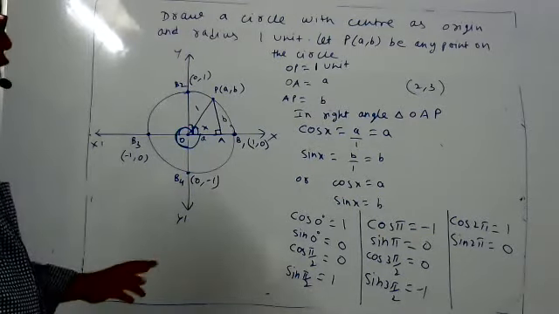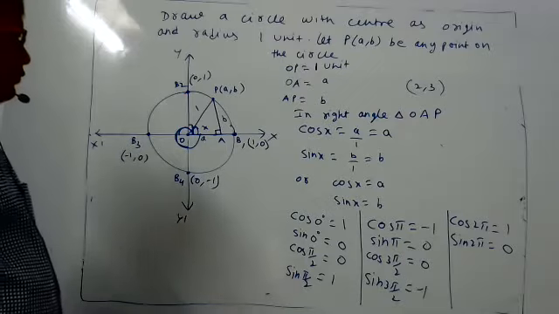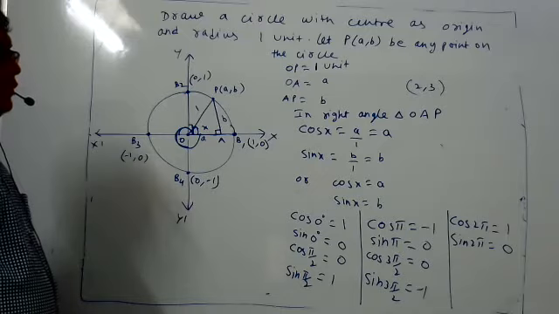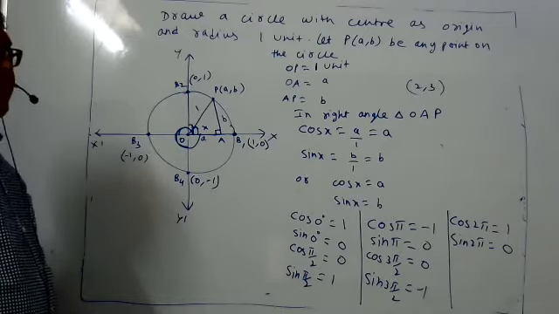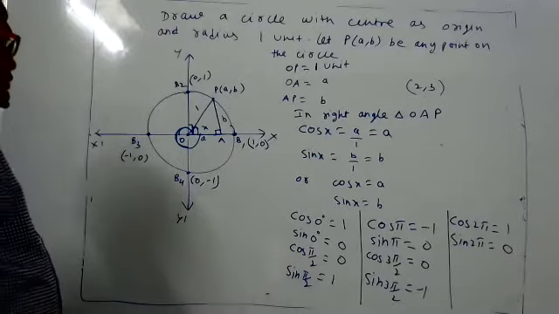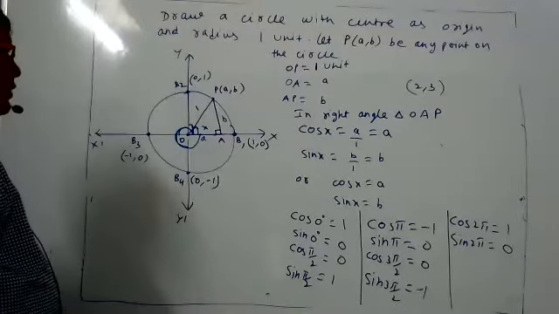Write down quickly and ask me some doubts. Pi means 180 degrees, so wherever we want to write 180, we write pi. 360 means 2 pi, so wherever we want to write 360, we write 2 pi.